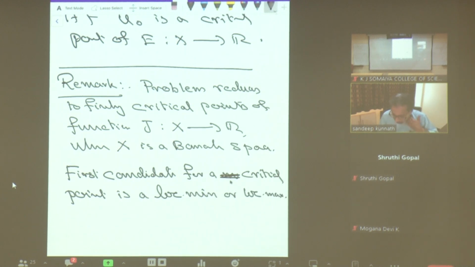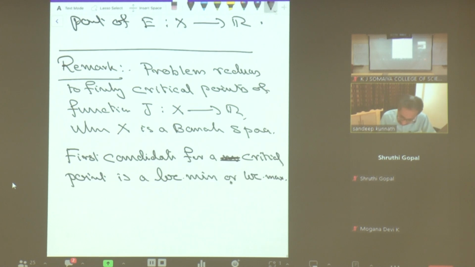For a function, we know that at a local minimum the derivative is going to be 0, and at a local maximum it is going to be 0. I have not proved it in this context, but you can argue exactly as you do in the Euclidean case, and you can see that local minima and local maxima are the first examples of critical points.